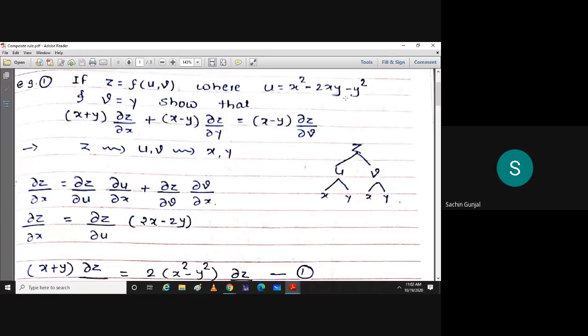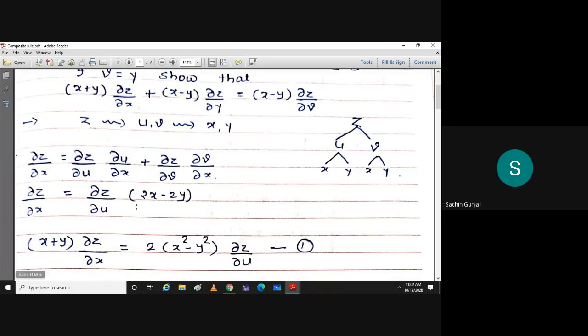Now the first term is (x plus y) into ∂z/∂x, so you multiply both sides by x plus y. So (x plus y) ∂z/∂x is equal to, this is x minus y and we are multiplying by x plus y, so that becomes x square minus y square, and 2 is there as a constant, times ∂z/∂u.